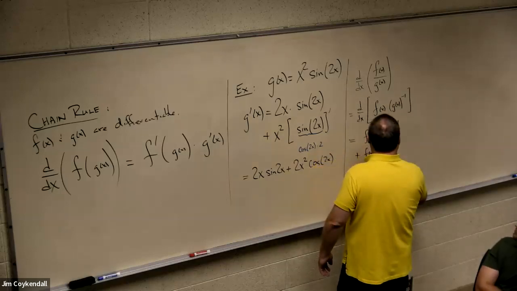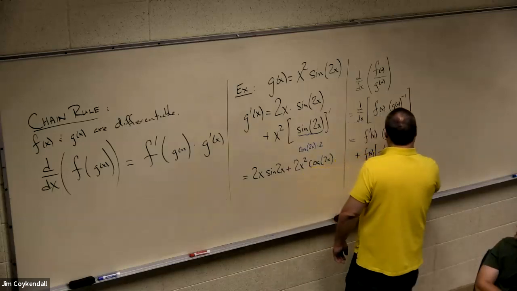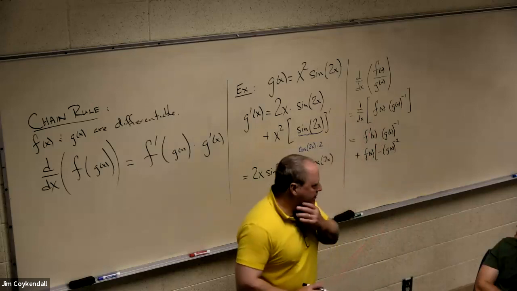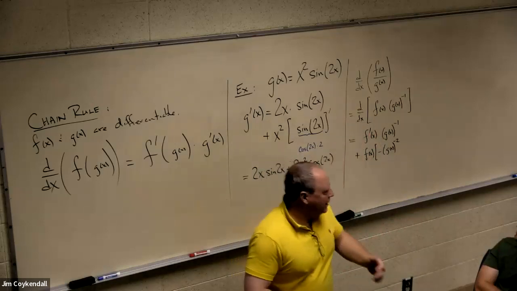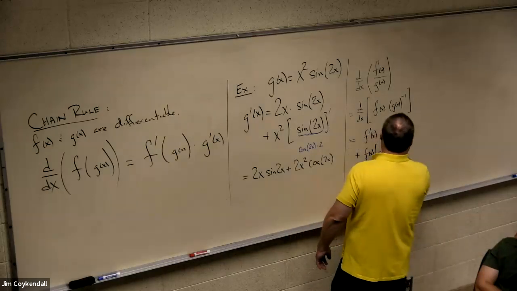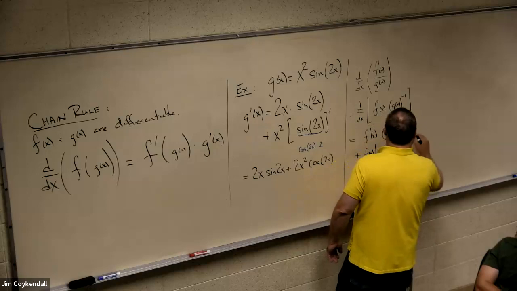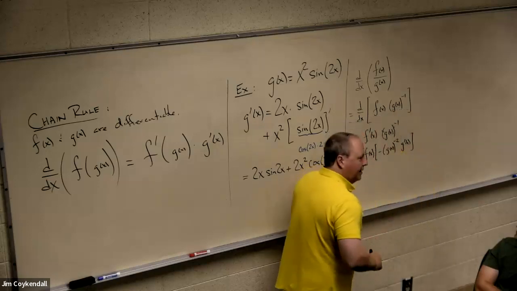It is minus g to the what power? Negative 2. And am I done? No, I've got to work my way inside that parenthesis, times the derivative of what I find inside, g prime of x. Everybody okay?